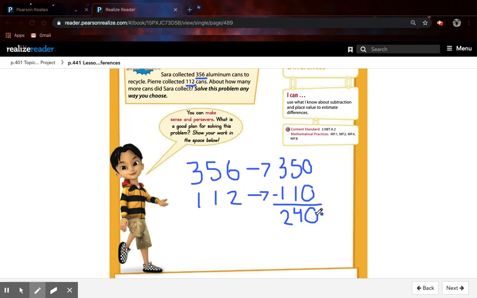I thought these compatible numbers were easier for me to use. I also could have made 356 360, and then my 112 being 110, both rounded to the nearest 10. So 0, 5, 2. So if your answer is either 240 or 250 for this part, either is fine.